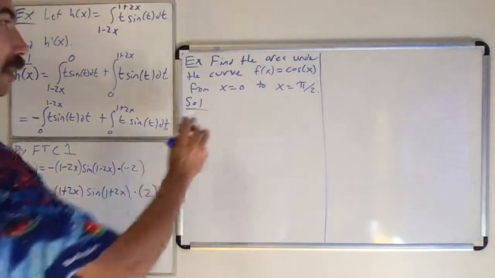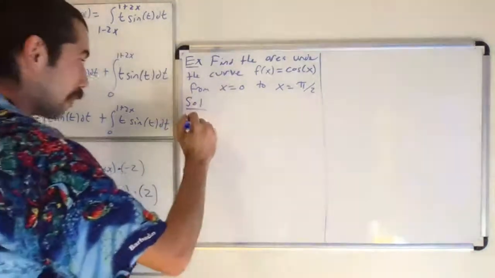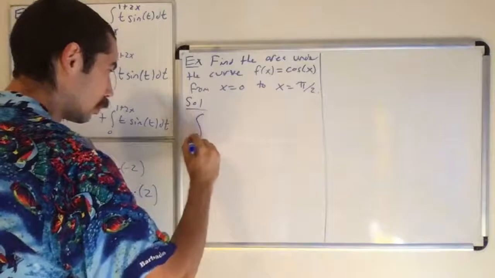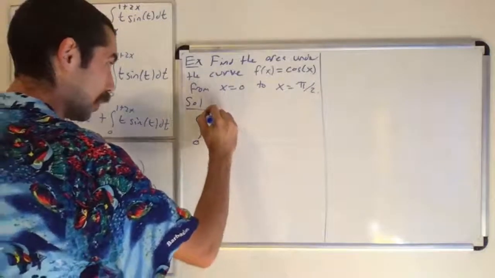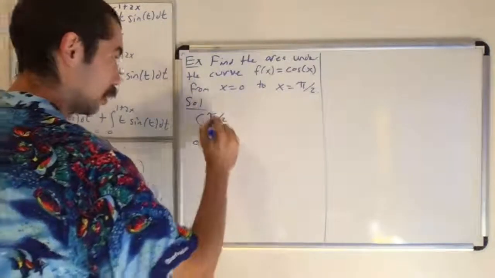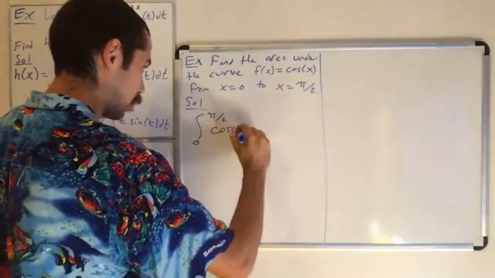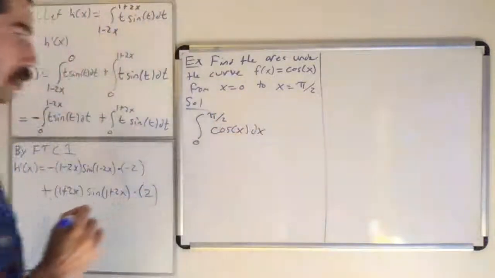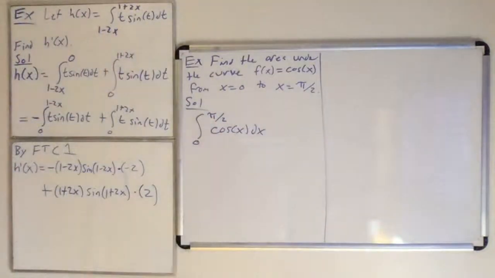What we want to do is we want to evaluate the integral from 0 to pi over 2 of cosine of x dx. Okay? And so, as Bella said, we want to find the antiderivative.